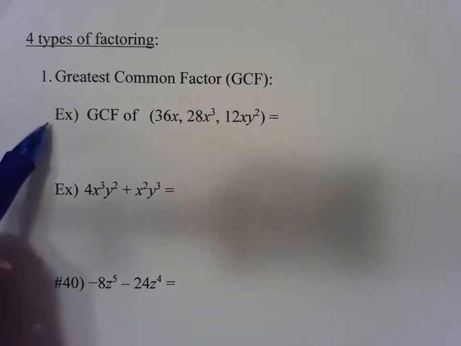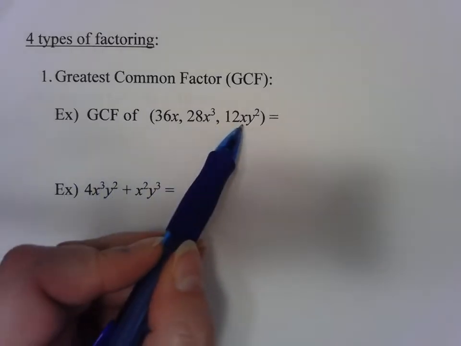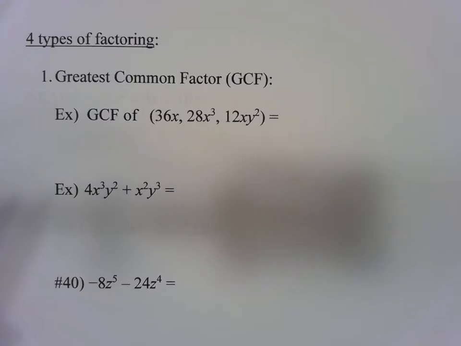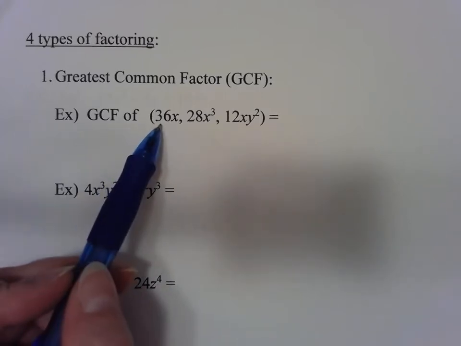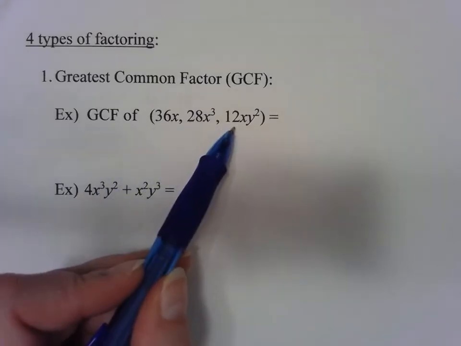So I'm going to start with one example where we're just finding the common factor, right? We're not factoring it. We're just looking at what these three terms have in common. And we want to look at both the numbers and the variables. So let's start with the numbers. We have 36, 28, and 12.